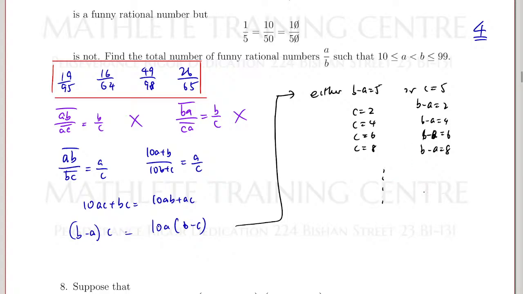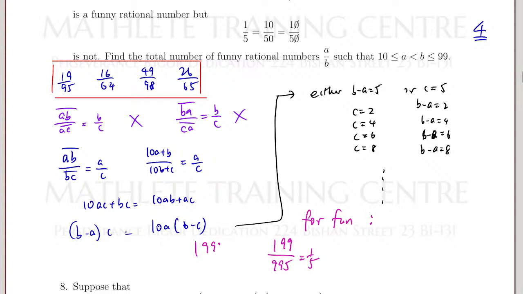Now, when I was investigating this a few years back, I actually found more about this, just for fun. This is not actually involved in this question. The reason why I stopped at calculating the 2-digit cases is because for 3-digit cases and so on, it is automatically true. For example, 199 over 995 is 1 over 5.